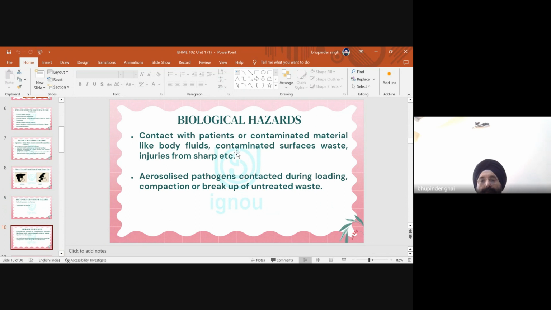So if a person comes in contact with these items, the chances of getting infection are very high.